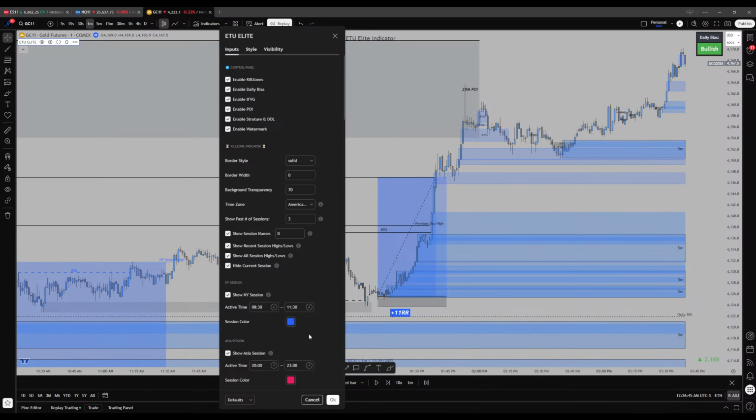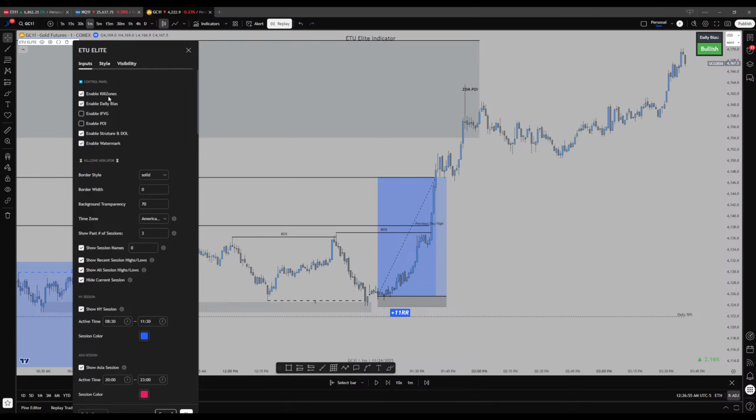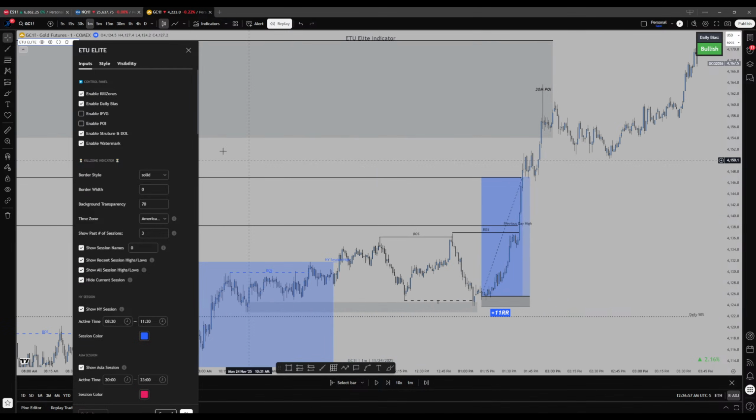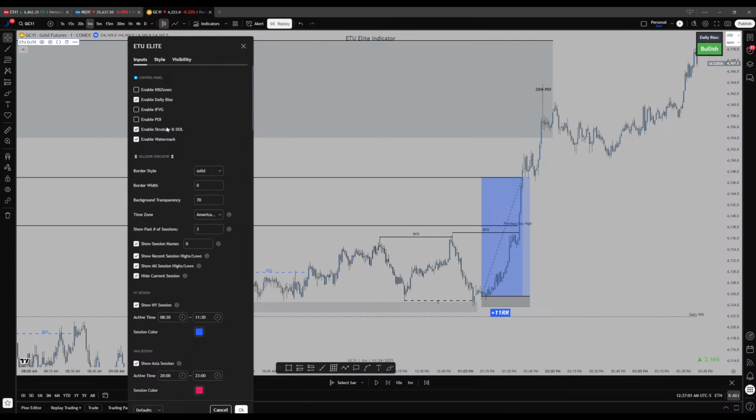Now for me, I'm going to go into indicators real quick. When I take my screenshots, I like to clear up my chart a bit, especially if there are a lot of indicators. I'm going to disable PY, disable IFVG, enable daily bias, and disable kill zone. Structure marking, you see that did mark the liquidity sweep for me, which is nice, so I'll enable my structure marking.